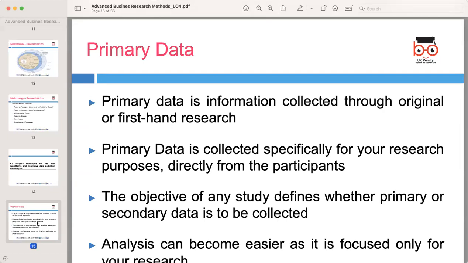To summarize, primary data is information that is gathered firsthand for your research purpose. It is collected directly from the participants and can provide unique insights into your specific research topic. By using primary data, you can focus your analysis on the most relevant information, making it easier to draw accurate conclusions.